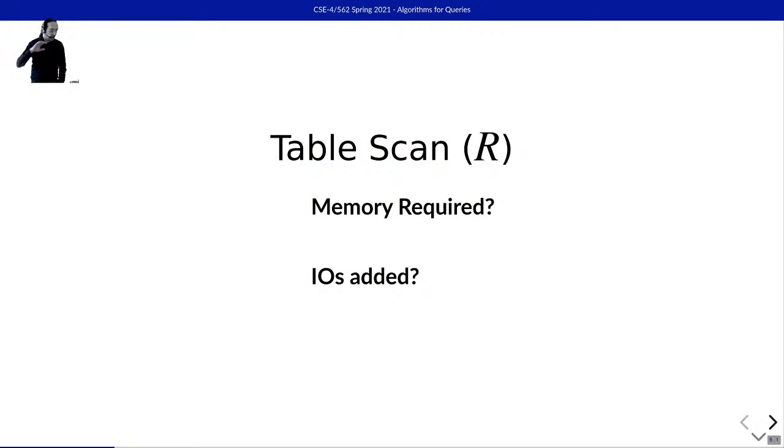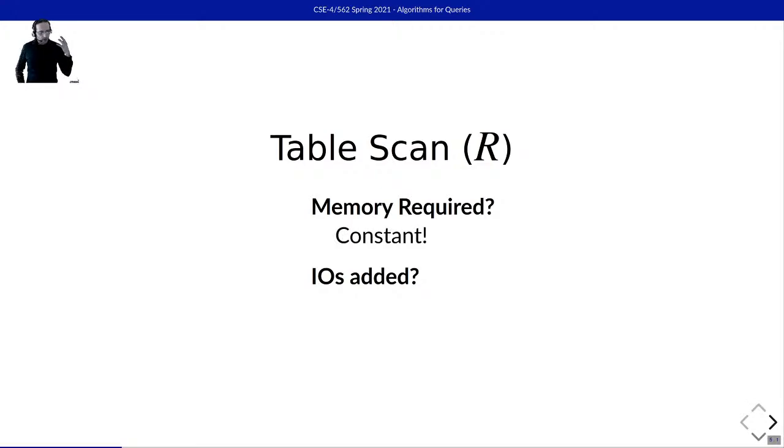So for a full table scan like this, how much memory do we need? Which of the three buckets does a table scan fall into? Constant. Great job, Karan.